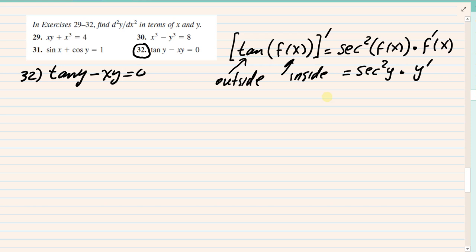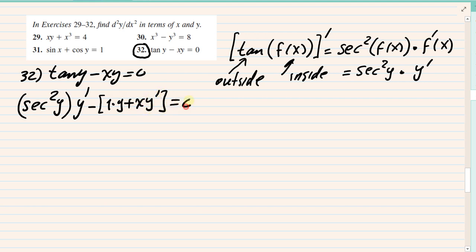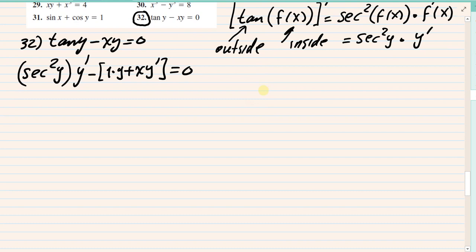First one isn't bad. So the derivative of tan, I'm going to write it as secant squared y times y prime. Now, for the derivative of xy, we have to use the product rule there: derivative of first times second plus first times derivative of second, and the derivative of 0 on the other side is 0. Now, we can factor y prime.